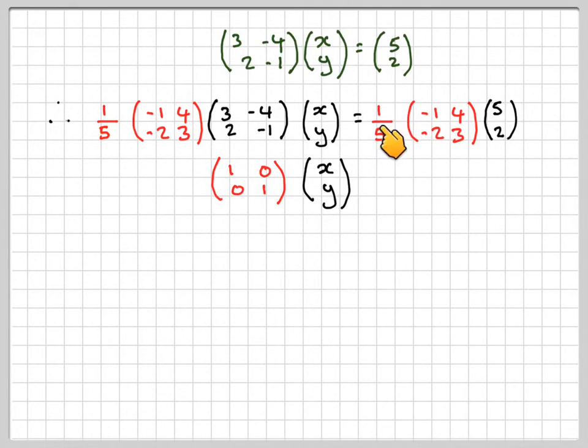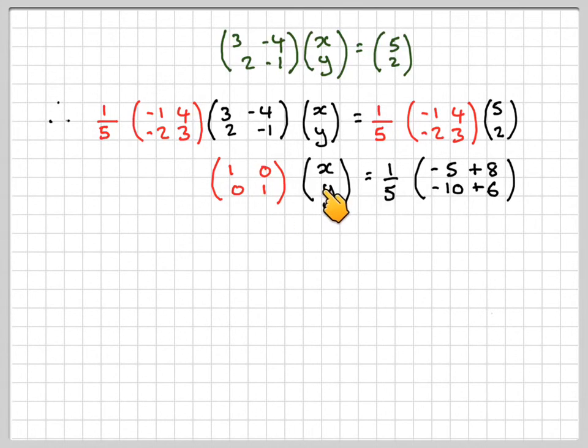Now leave the fraction outside and deal with the matrix multiplication first. Always do it that way. So you've got minus 5 plus 8, and then 4 times 2, which is 8, and then minus 2 times 5, which is minus 10, plus 6.